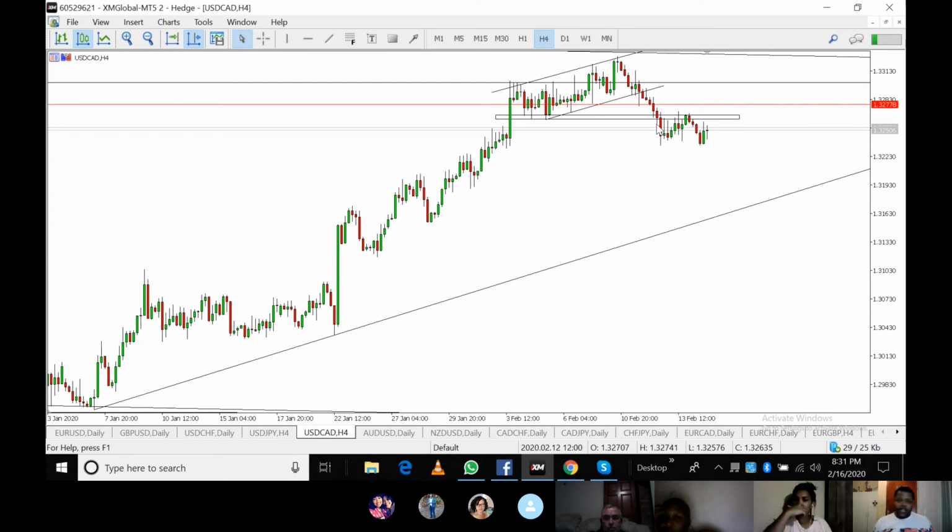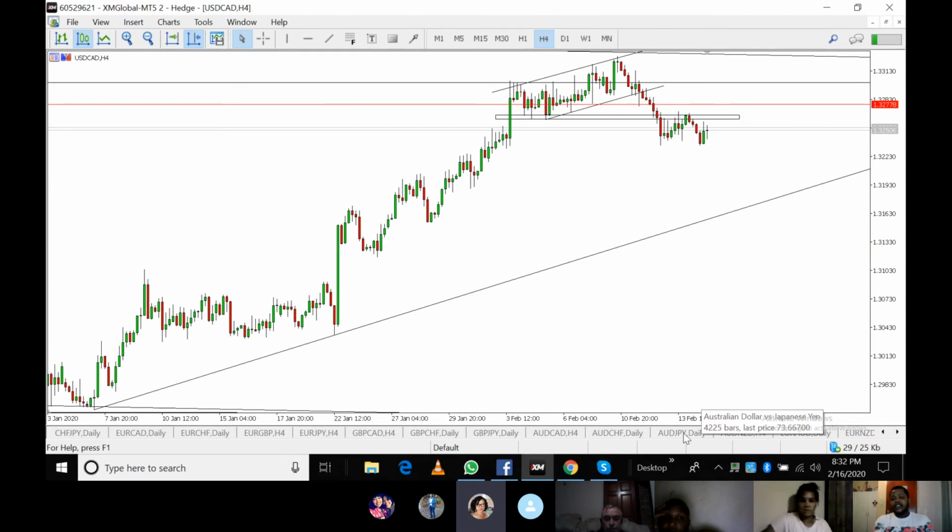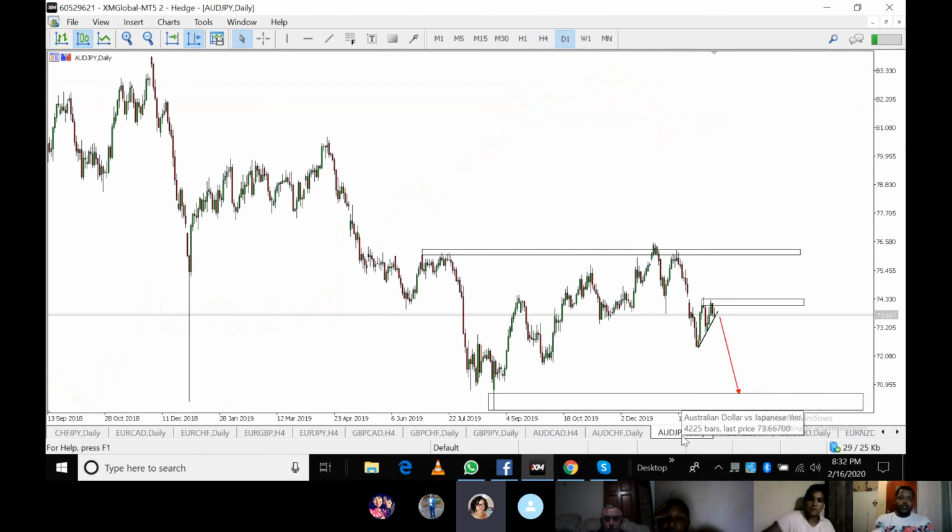So the first one that we're gonna check out is JPY. So this was the first chart that I sent to the group. And as you can see, each chart has its own characteristics.